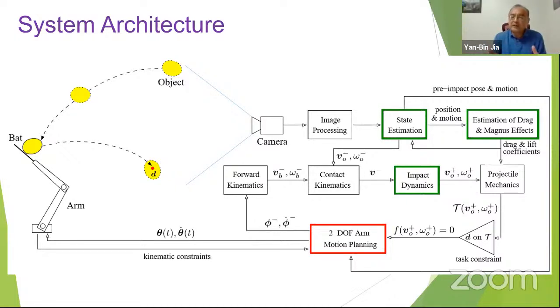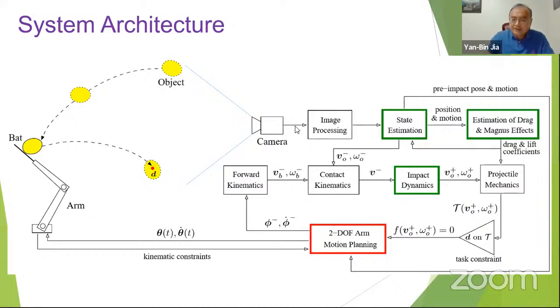That information is sent to two destinations. One is to dynamically estimate the drag and Magnus effects for us to model aerodynamics, and also for us to anticipate a certain time ahead where the bat is supposed to meet the object. So we have to use a little bit of projectile mechanics there.